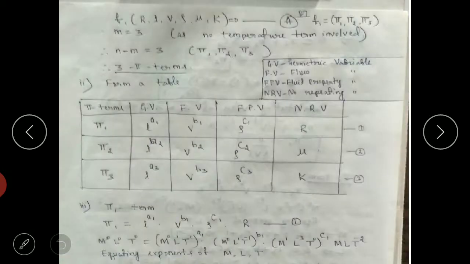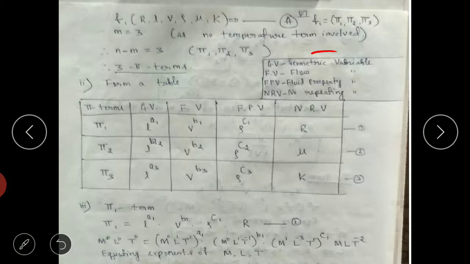Then we can write the equation f1 of R, L, V, rho, mu, K equal to 0, or it can be written as f1 is a function of pi 1, pi 2 and pi 3.